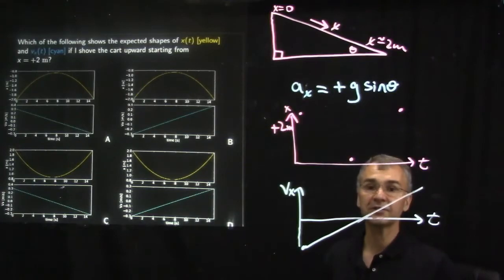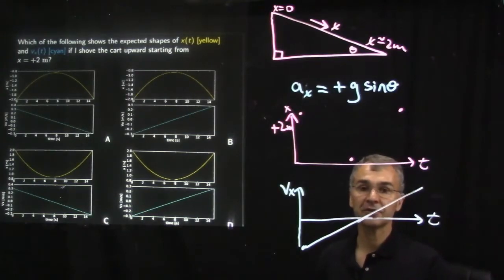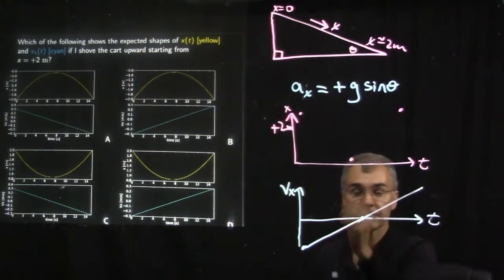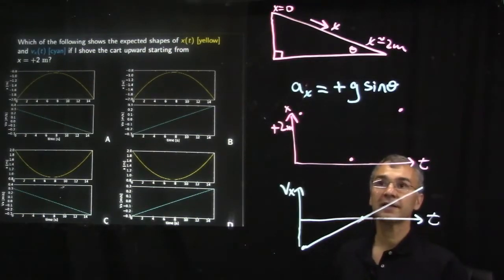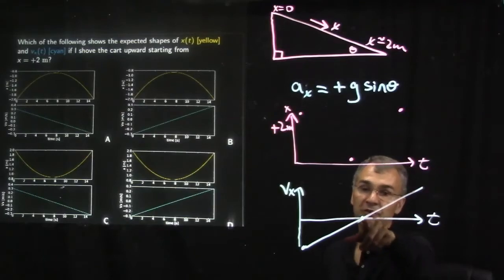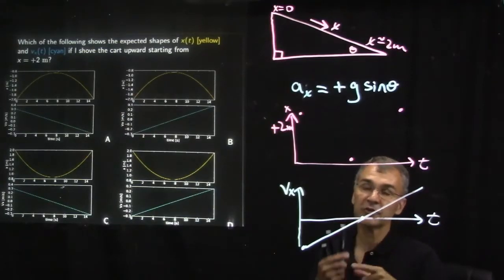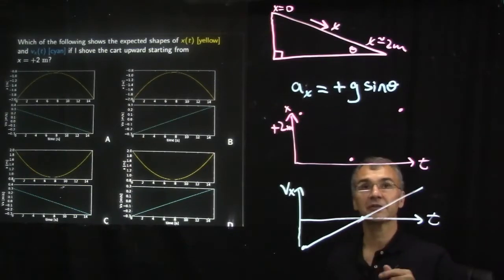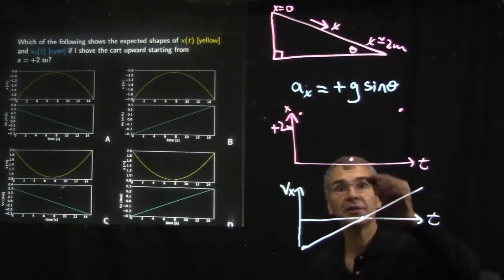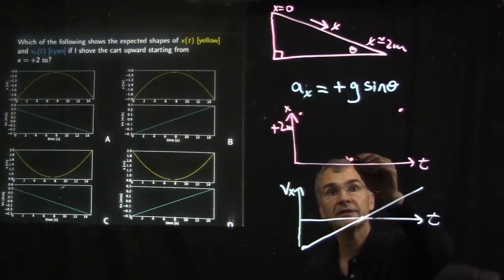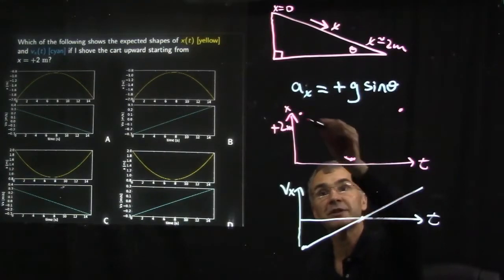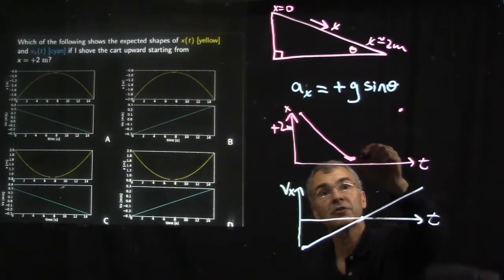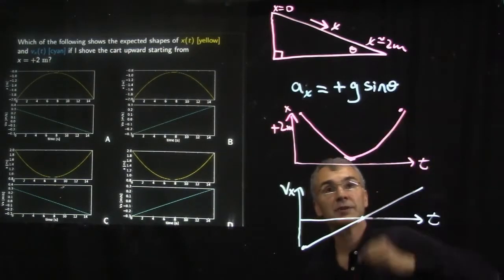And then another thing to notice is at the point where the speed is 0, the slope is 0. Remember, the slope of a curve is 0 where that curve is at a maximum or minimum, if you like calculus. So I think that the maximum or minimum is going to be here, and then it's going to have a big negative slope here, 0 slope here, and a big positive slope here.